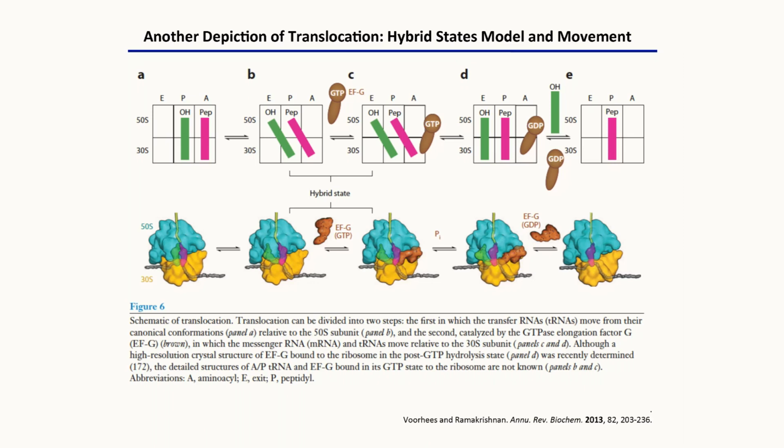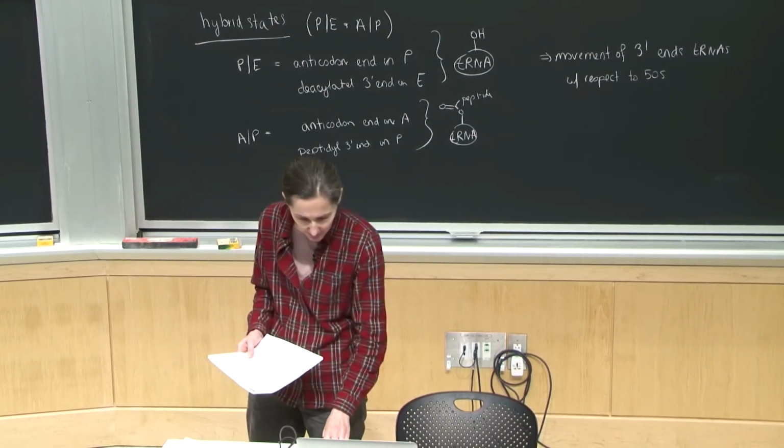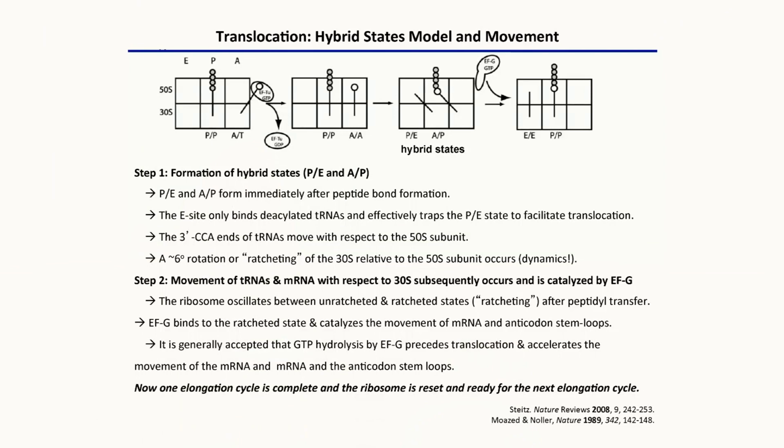So here we have the P, anticodon end in P, 3' end in E. Here AP with anticodon end in A and peptidyl 3' end in P. Okay, so first the 3' ends move, and then what do we see? After the help of EFG, the 5' ends move, and the A site is empty and able to take the next aminoacyl tRNA. Here's just another view of the process for you to look at here.